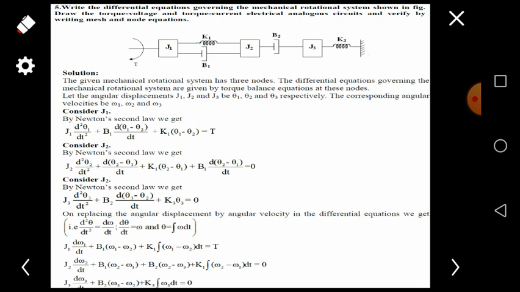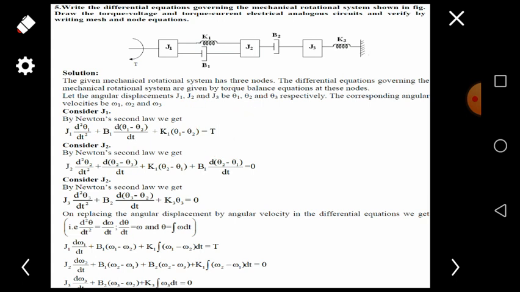Next, b1 is also connected in between the inertia J1 and J2, so we are writing the equation for J2 and we have to consider theta 2 minus theta 1. So b1 into d of theta 2 minus theta 1 divided by dt. Here there is no applied torque, so it will be equal to 0. In the first inertia we have the applied torque T, so we have mentioned T there.